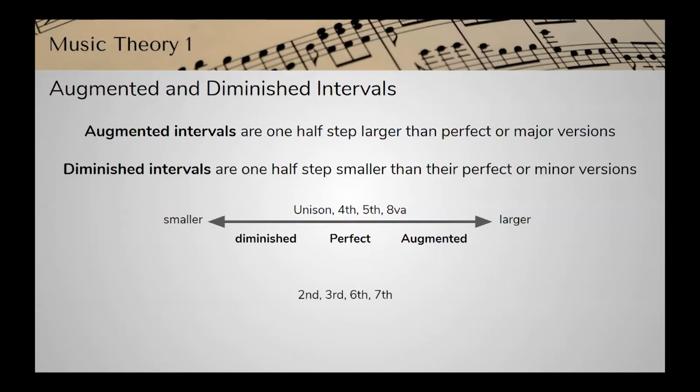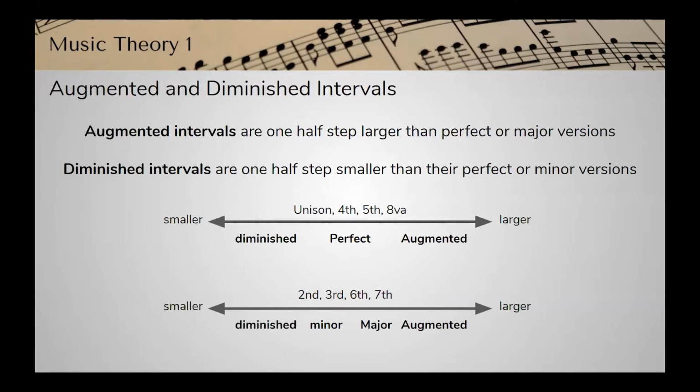Okay? And then this also applies to seconds, thirds, sixths, or sevenths, and you know that those can be either major or minor, right? And if something is major, it's one half step bigger than minor, right? So if you take a major interval and it's made to be one half step bigger than it normally should be, then we call it augmented.